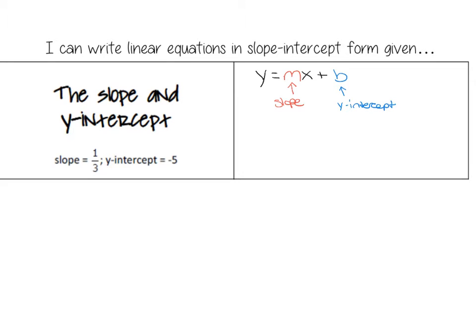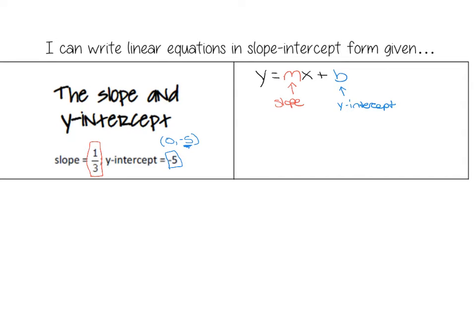Okay, so in this problem, we were given that the slope is 1/3 and the y-intercept is -5. Now remember, your y-intercept could also have been given to you as the point (0, -5), and then you would just use the -5 part.